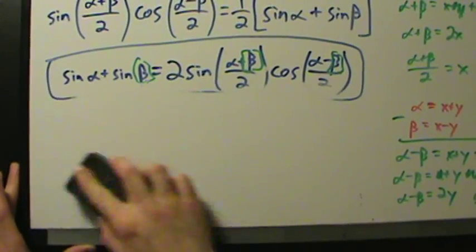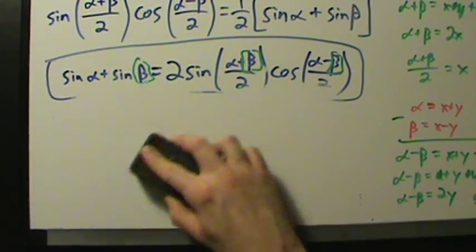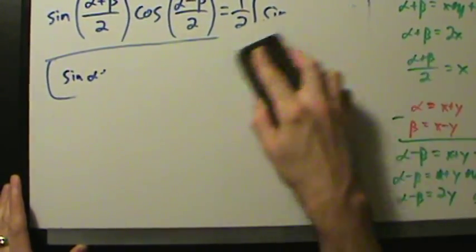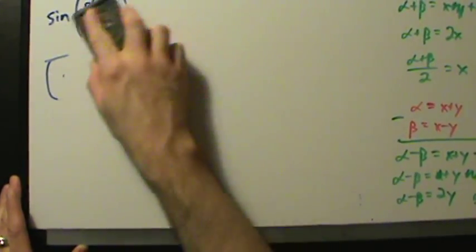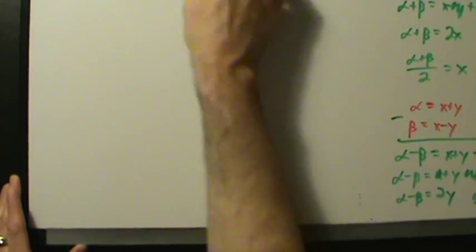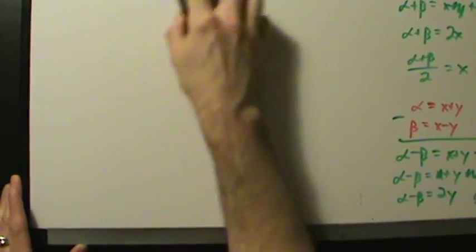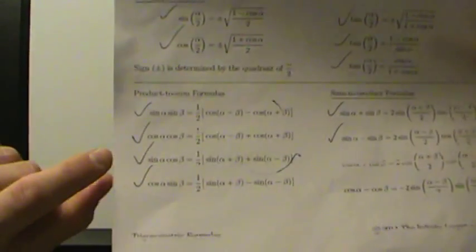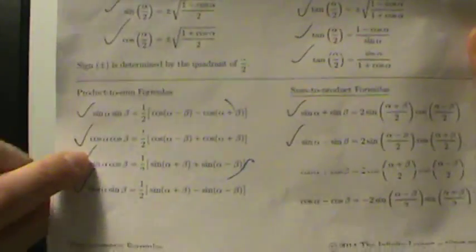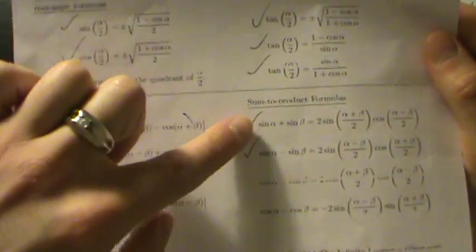Now let's go ahead and get to the third and the fourth. We're pretty much going to do it the same way, but just to be thorough, we'll go through the details. So what did we do so far? We used this third product to sum formula to get the first sum to product formula.